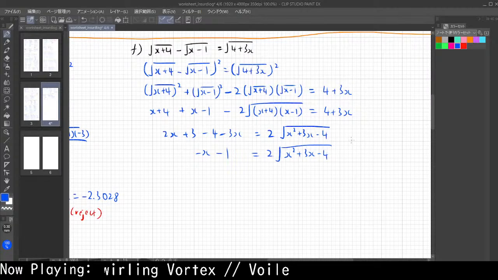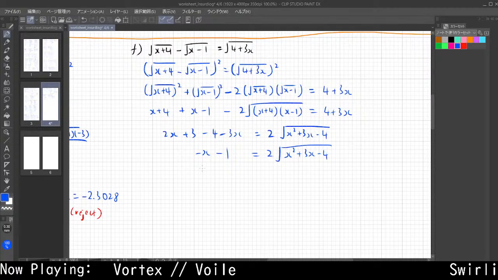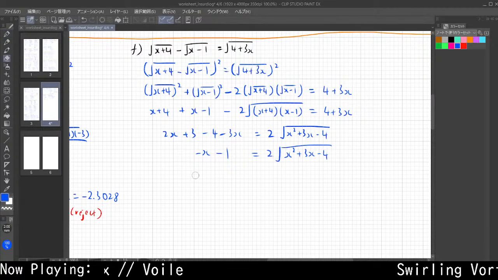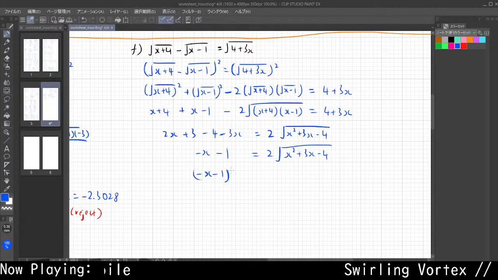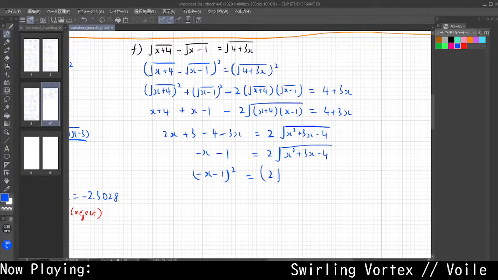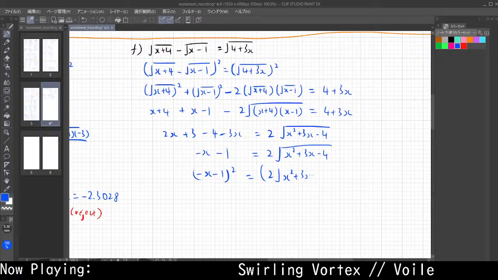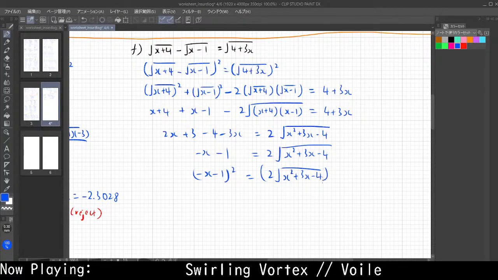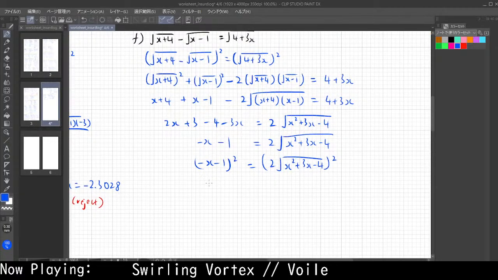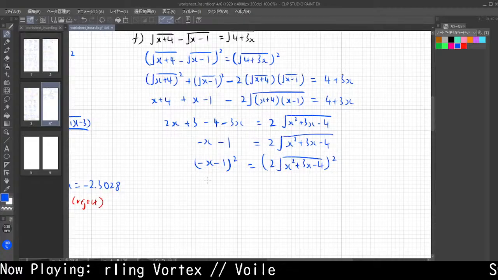Left hand side no square root, right hand side still got square root, so we square both sides. Minus 1, minus x minus 1 is square root.